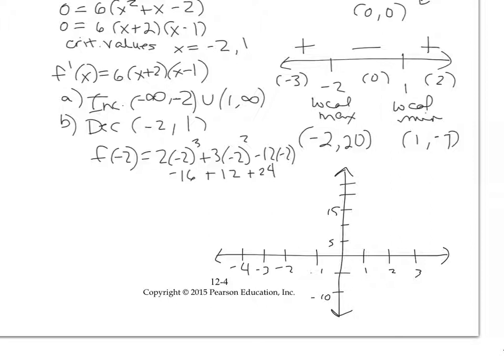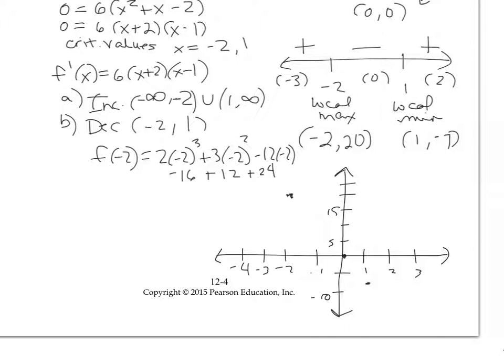Okay. And let's see if we can get these points on here. So what I do know is this thing for sure crosses through the origin. So that's a point that I had found in my pre-calculus. I also know that I've got this local max at negative 2, 20. Oops, that's a little sloppy. And I've got a local min at 1, negative 7, which would be about there.